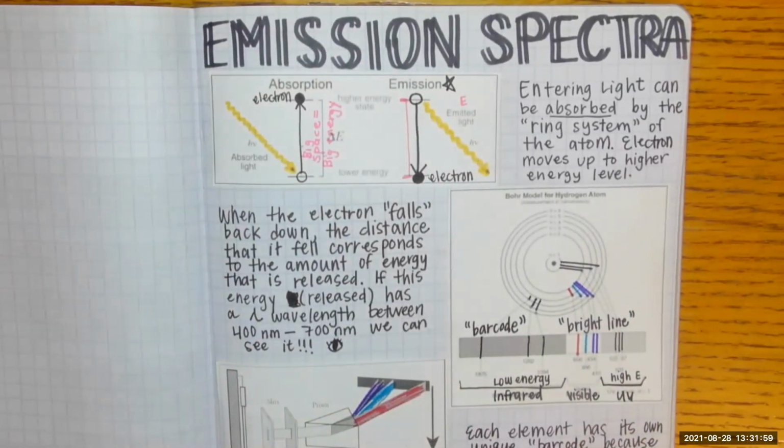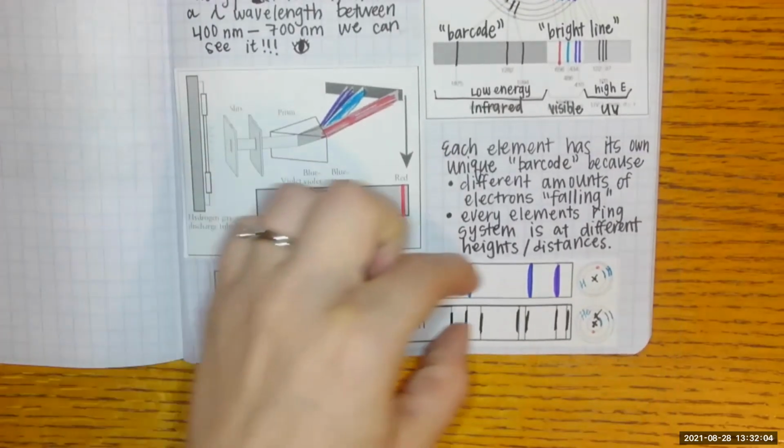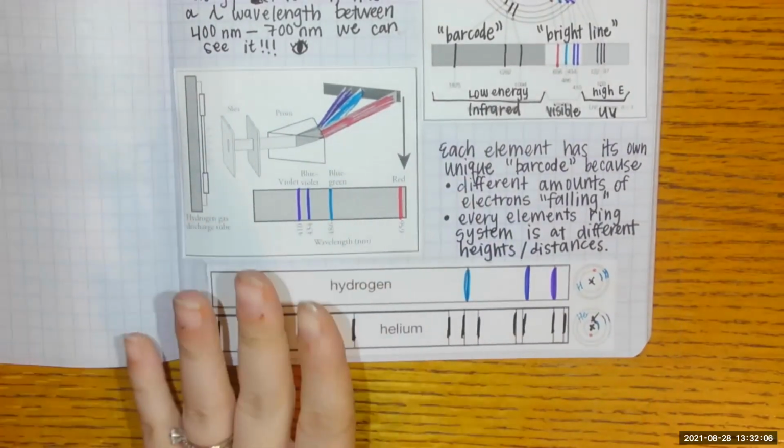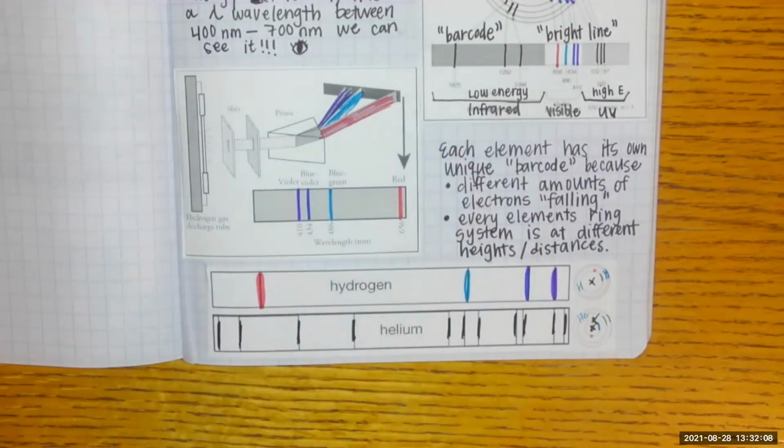But what I'm going to show you next are some videos of other elements and what these look like, not in cartoon form, but actual photography form. So what's happening in this first video is similar to the setup in the notebook.